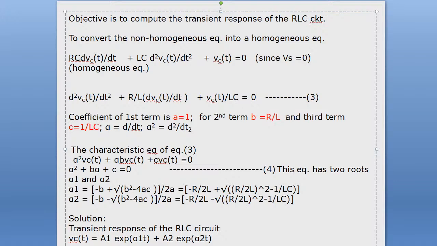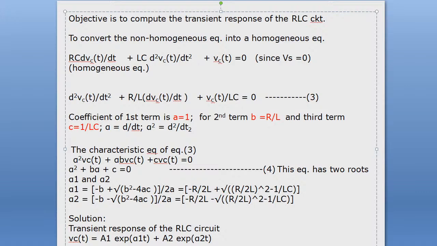After getting the differential equation for this circuit, we realize that it is a second order non-homogeneous differential equation. Therefore, its solution has two parts: one is steady state, another one is transient. And you know the steady state solution is nothing but the value of the supply voltage. So no need to calculate the steady state response for this circuit.